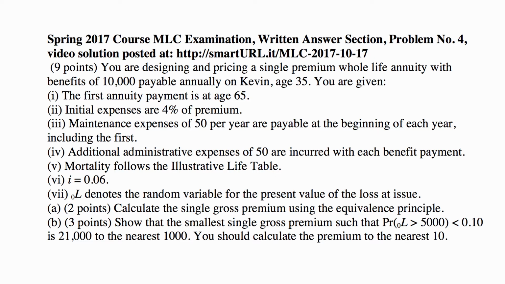Show that the smallest single gross premium such that the probability that the loss at issue is greater than 5,000 is less than 0.10 is 21,000 to the nearest 1,000. You should calculate the premium to the nearest 10.